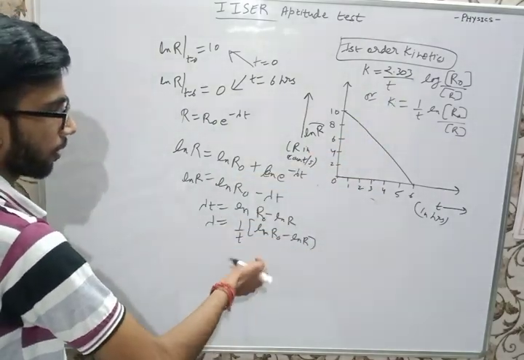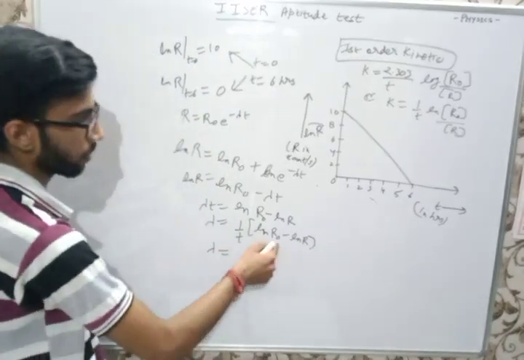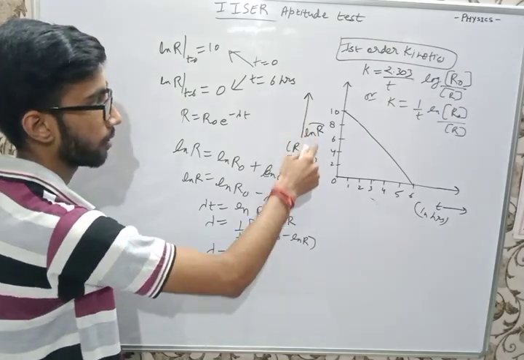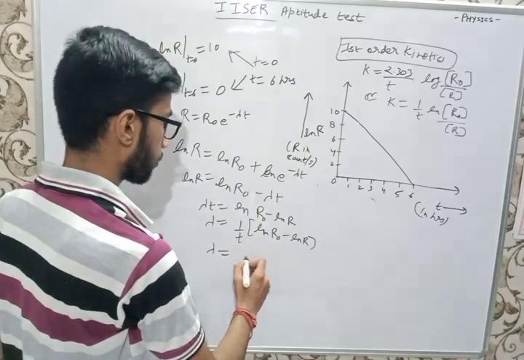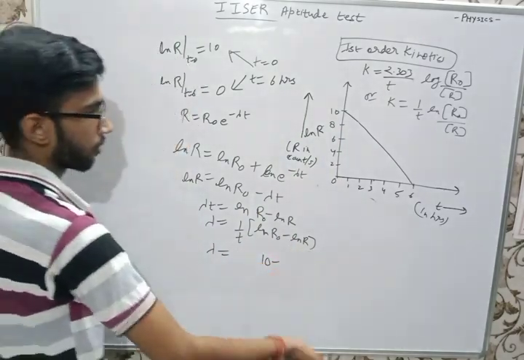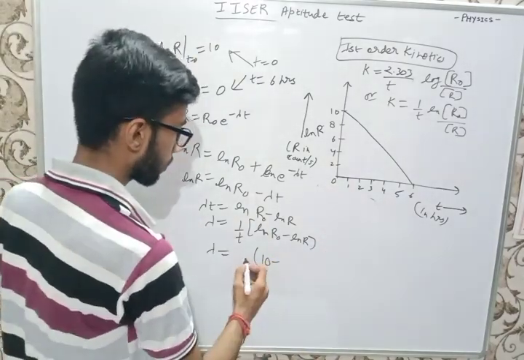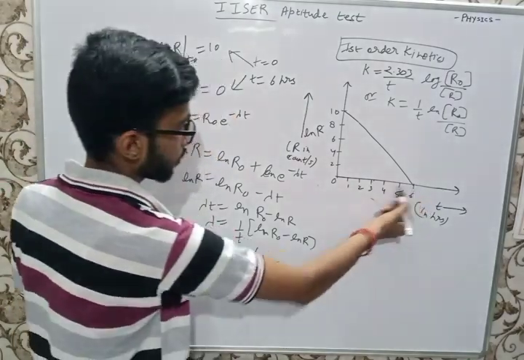So put the values. ln R naught is the natural logarithm of activity at t equal to 0, which was 10, minus ln R at any time t. If I choose my time to be 6 hours, ln R at 6 is 0.